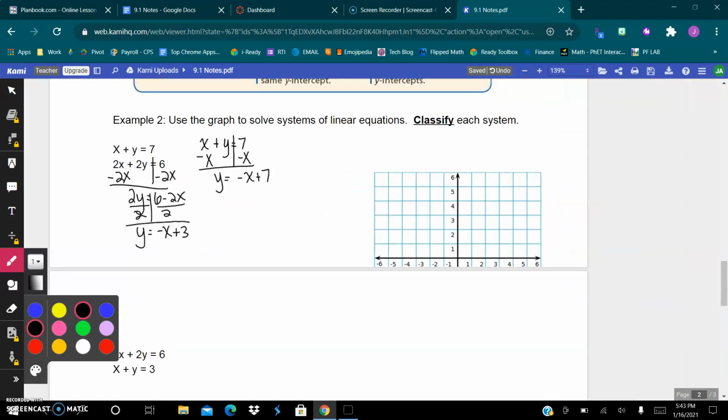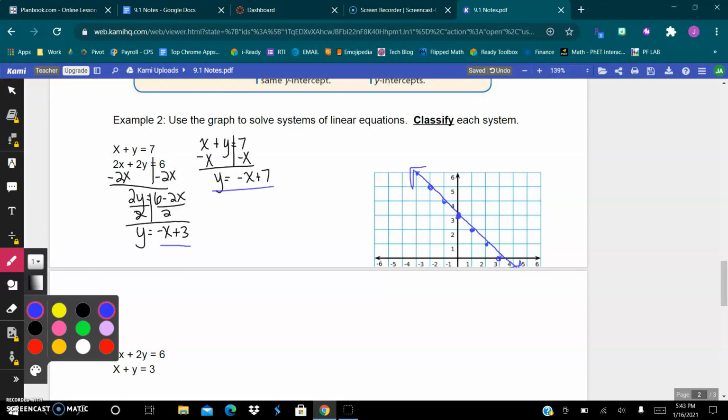So I just switched the order there before I wrote them. Okay, so our y-intercept for this first one is a positive 3. Our slope is negative 1, so I'm going to go down 1 over 1. And my graph got cut off when I opened this in Kami, so we're going to see how this works out for us here. So that's that line.